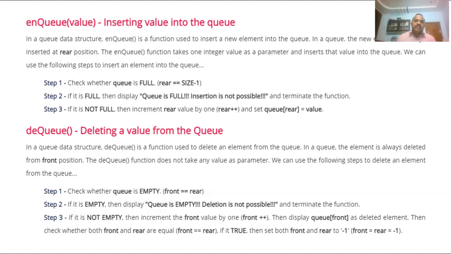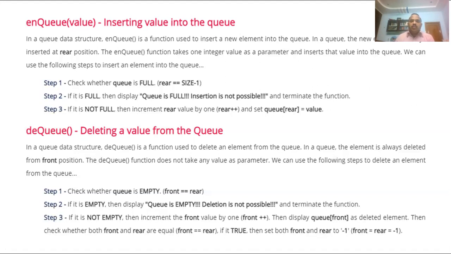If it is empty, then display queue is empty. Deletion is not possible, and terminate the function. Otherwise, if it is not empty, then increment the front value by 1, front plus plus, then display q of front, that is the deleted element.